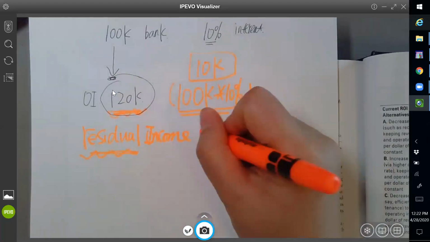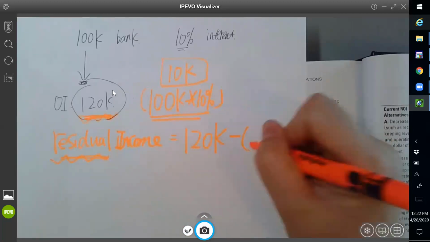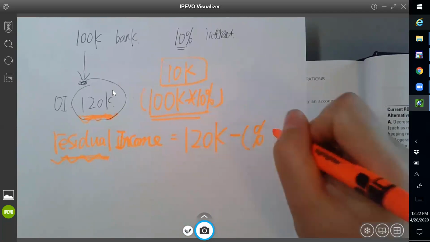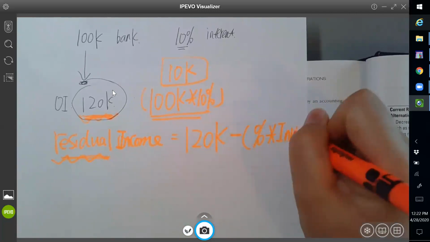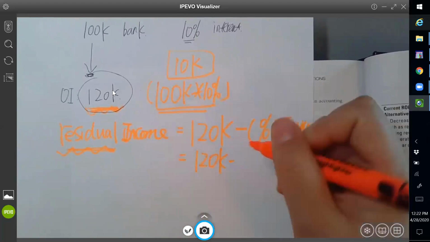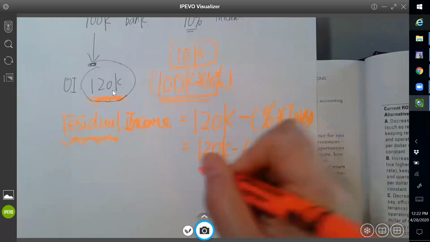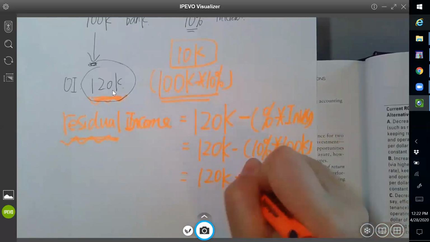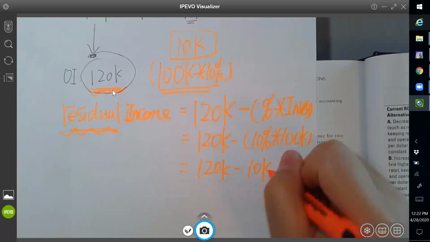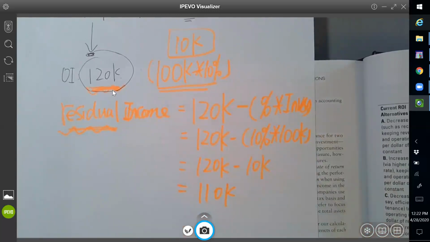So it will be your operating income minus your required return times the investment, right? In our situation, your required return is 10% times 100,000. So the real money that belongs to you is just 110,000. That's the residual income.